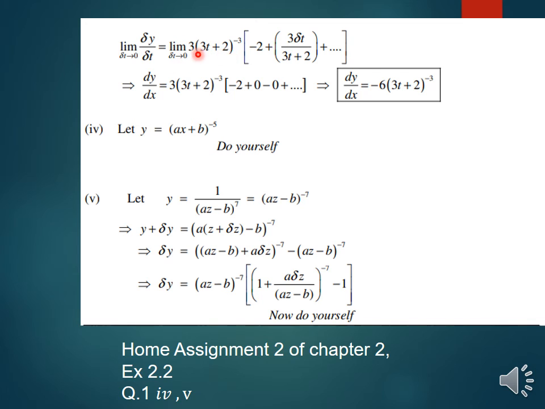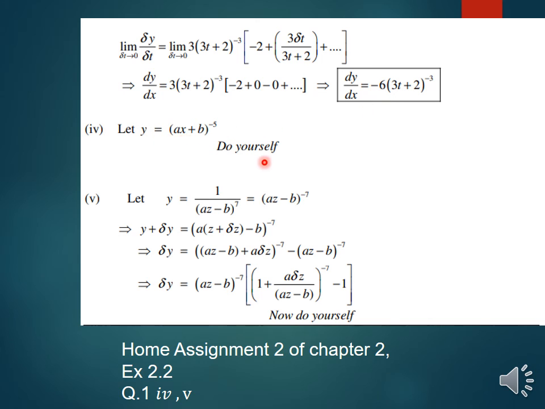So here, limit delta t approaches 0, then to apply the limit in the next step, this term remains the same, and if we apply the limit on this term, then minus 2 remains the same, and this whole term becomes 0 because delta t equals 0. So minus 2 into 3 is minus 6, and (3t + 2)^(-3). So it is the derivative of the given function (3t + 2)^(-2).